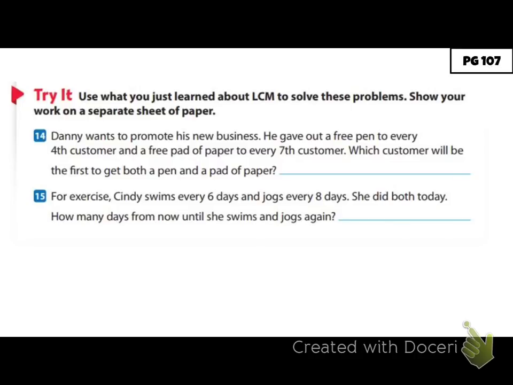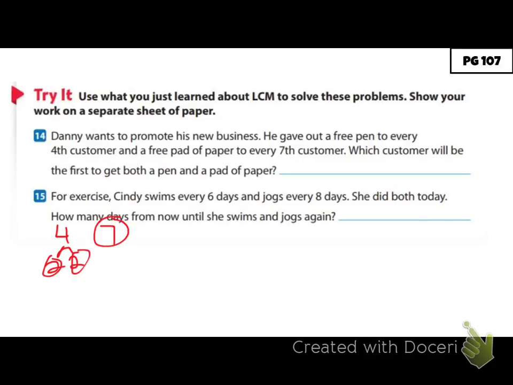Alright, so 14 says Danny wants to promote his new business. He gave out a free pen to every 4th customer and a free pad of paper to every 7th. Which customer will be the first to get both a pen and a pad of paper? So we're finding our least common multiple of 4 and 7. 4 works out to 2 and 2. 7 is prime, so we circle it.